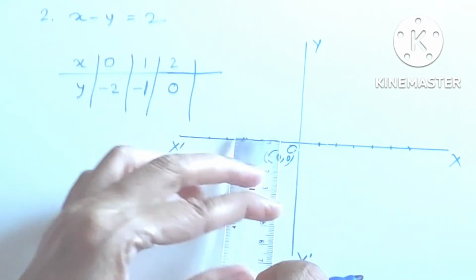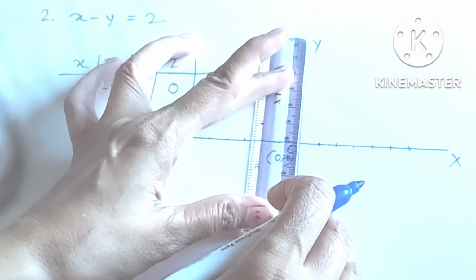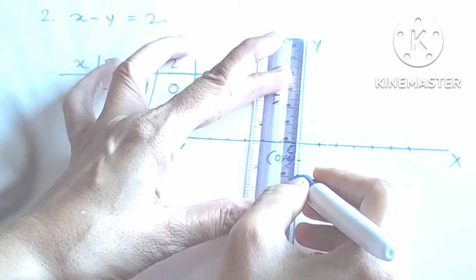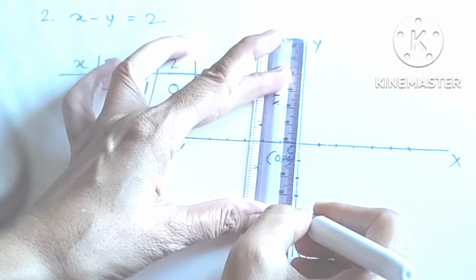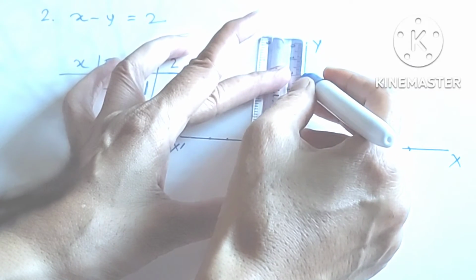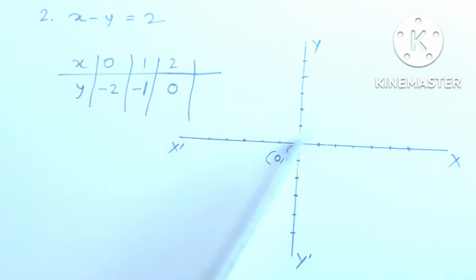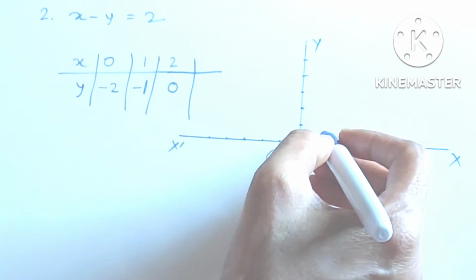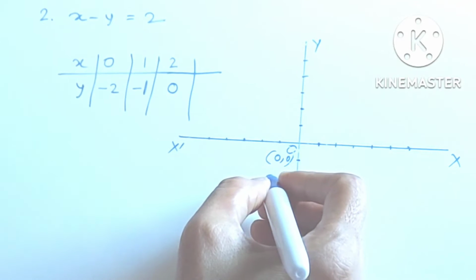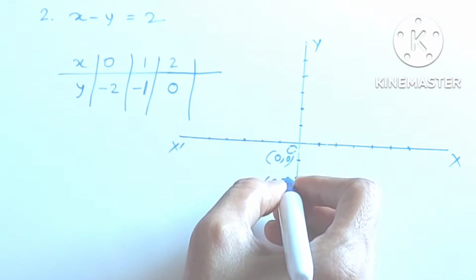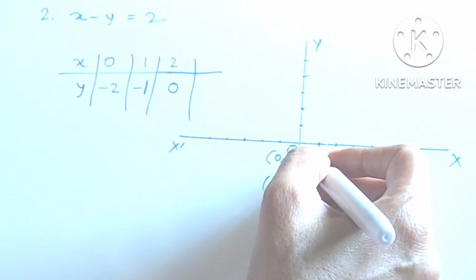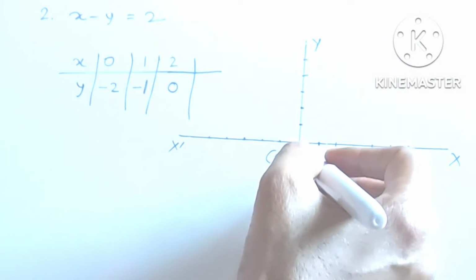And here negative y, and here y, some points. Now 0, -2 here, and 1, -1 here.